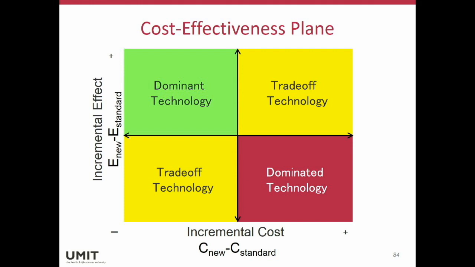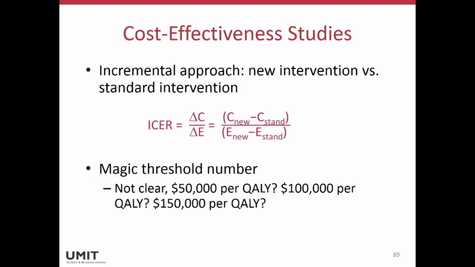And now the question is, how do I decide in these yellow parts where I have the trade-off? And the approach that we use here is we calculate the so-called incremental cost effectiveness ratio. The incremental cost effectiveness ratio, where I calculate the difference in costs of the new intervention minus the standard intervention and divide them by the difference in effects of new minus standard intervention.